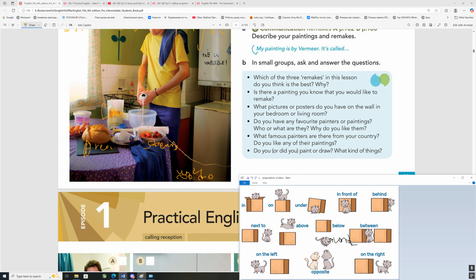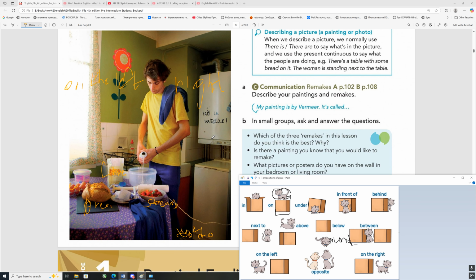Okay, you see the cat is on the box. So this is the box, and this is the cat. On. Yeah. Do you see the eggs? So the bread, eggs, flour are on the table.